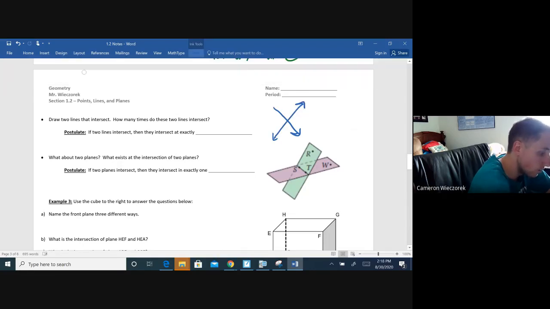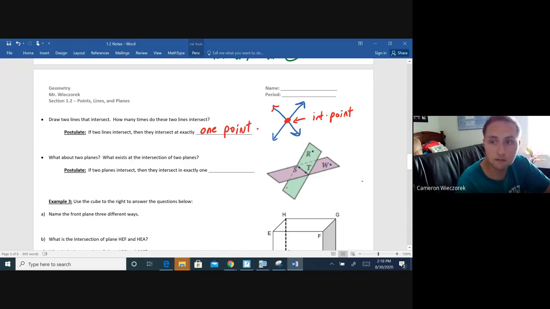They only cross at one point. I'm going to draw it in red. There's the intersection point. So this is a postulate. If two lines intersect, if they do in fact cross, then they intersect at exactly, to clarify, 1 point. Not 2, not 3, exactly 1 point.